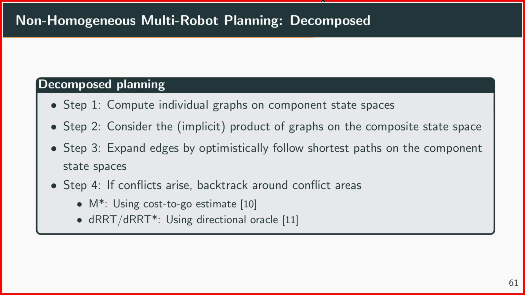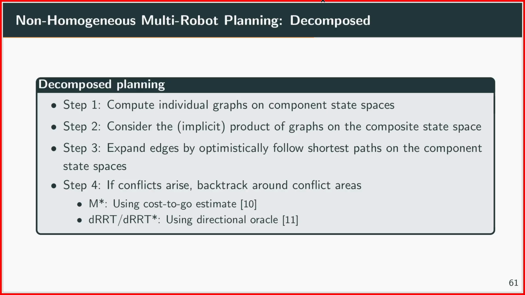So there are 4 steps. First one is that you compute individual graphs on the component state spaces. Not only paths, but really graphs. Then you consider the implicit product of graphs on the composite state space. Implicit means that you don't actually compute the product of graphs, because this is extremely difficult to compute. And then in the third step, you expand edges optimistically by following the shortest paths on the component state spaces.